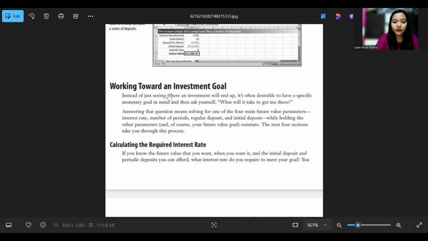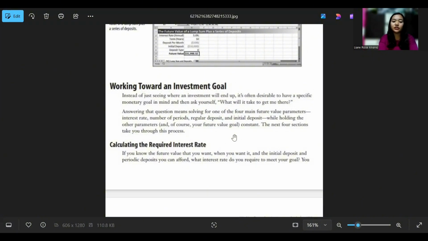Good day, everyone. Today we'll be tackling working toward an investment goal. Instead of just saying where an investment will end up, it's often desirable to have a specific monetary goal in mind and then ask yourself, what will it take to get me there?